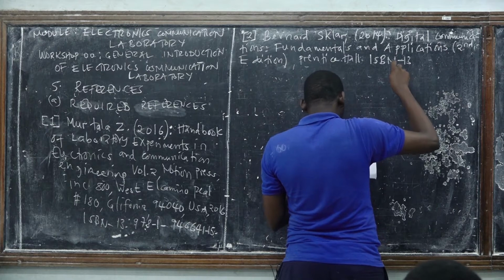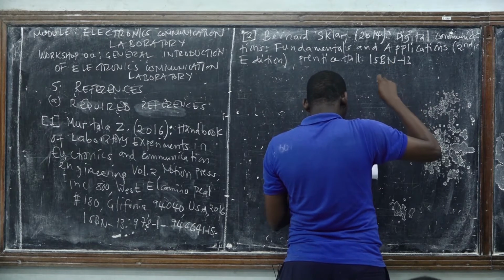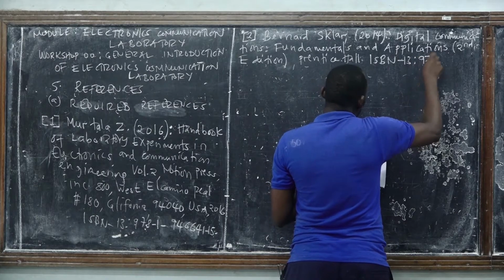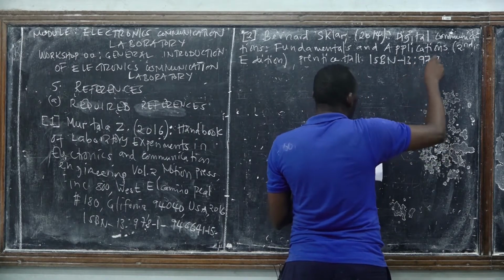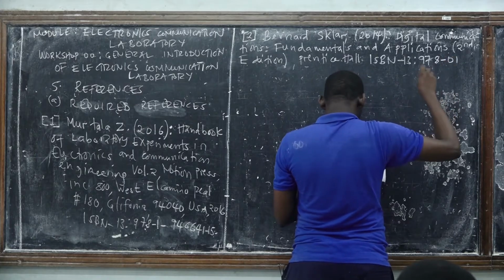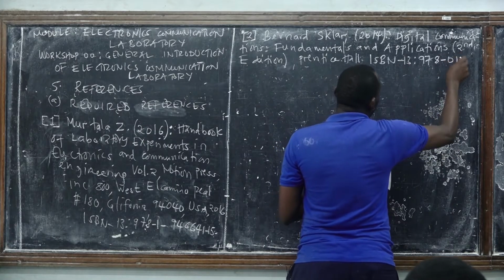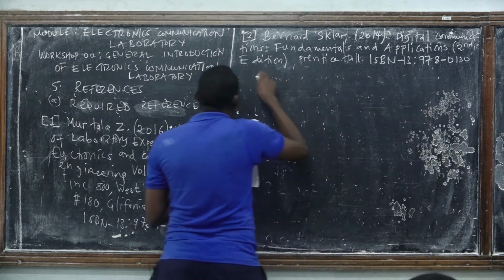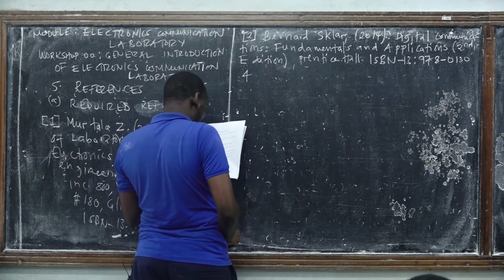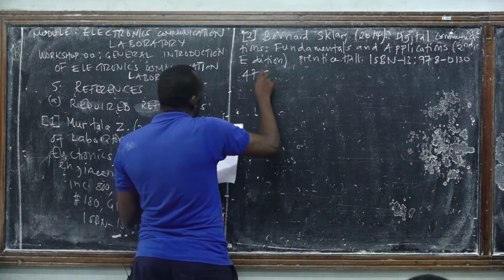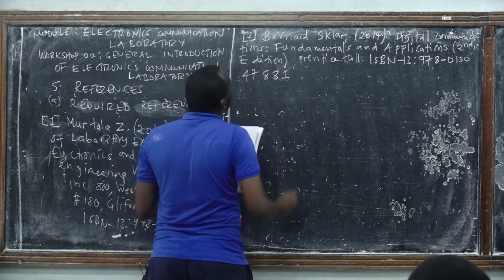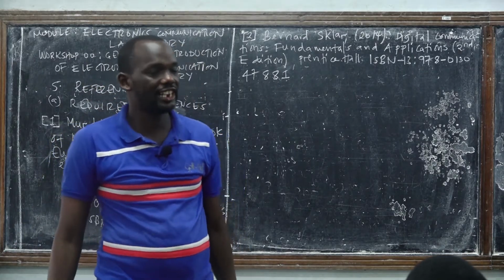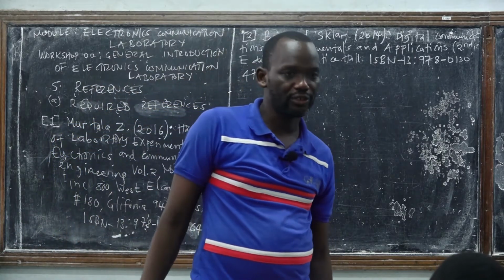So if you have this required reference book, you may learn a lot of concepts yourself. Even if I do not guide you, I'll just tell you to go and learn about encoder, and then you get the reference book and learn about encoder. This is the secondary required reference.